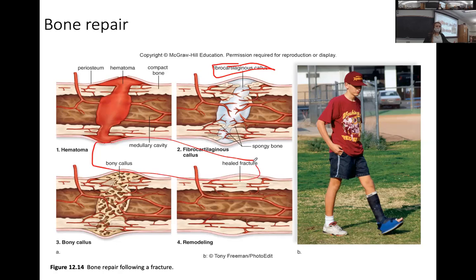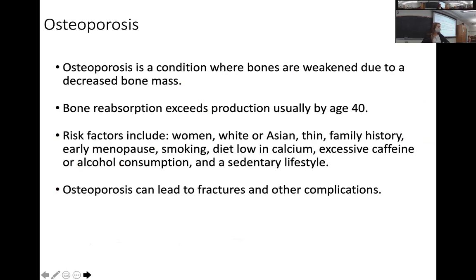The bony callus starts off as spongy bone and transitions into compact bone, just like the previous couple of slides about the development and growth of bone. Then we have remodeling. As you can see here, there's probably a weird lump or bump on this bony callus, but after some time, the fracture can be healed. It takes a while, but it happens.